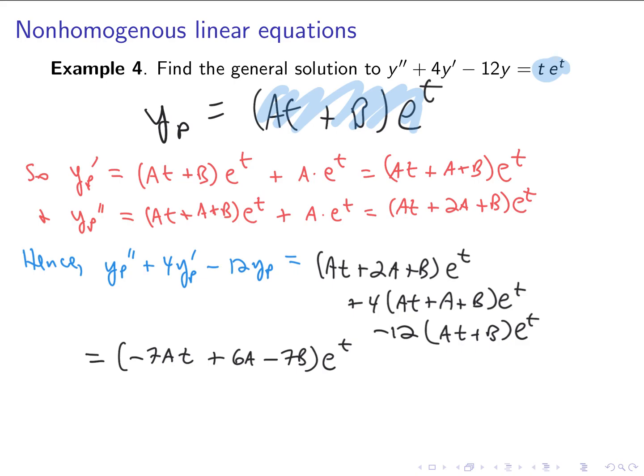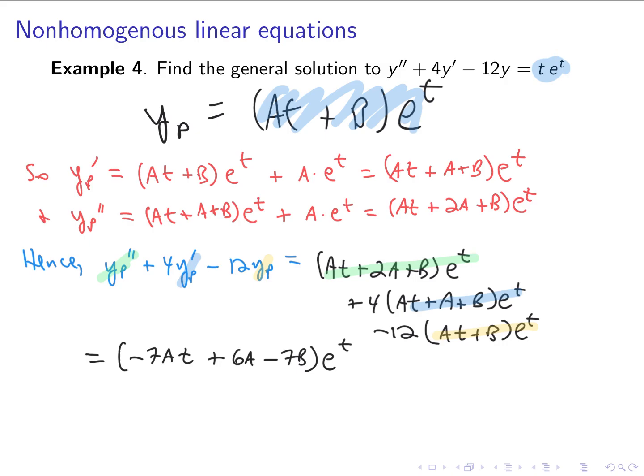When I do that, you can see the pieces again that I've generated. So my y double prime is this guy, my y prime is this guy, and my y is this guy. All of those are something times e to the t, so I know that that e to the t is going to be outside, and I just collect the terms. So I have at, 4at, minus 12at, it's minus 7at.